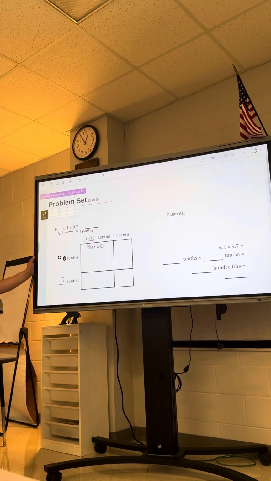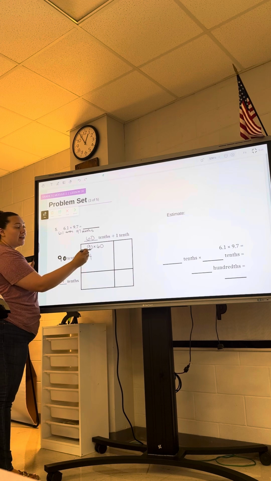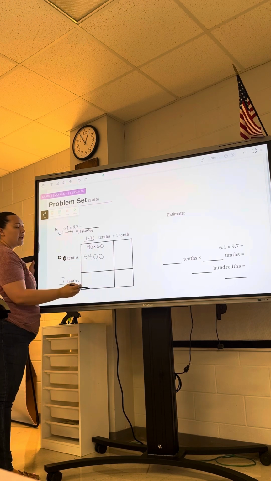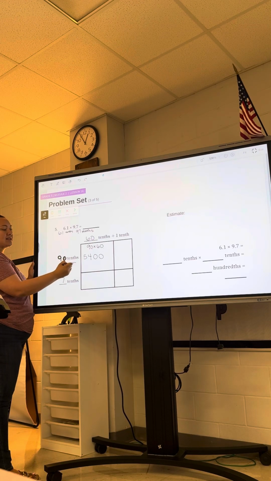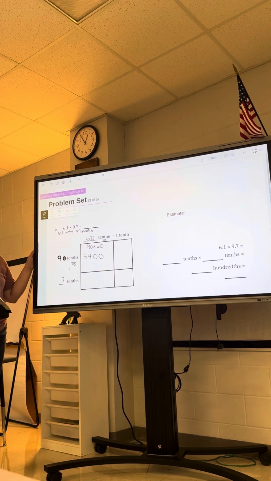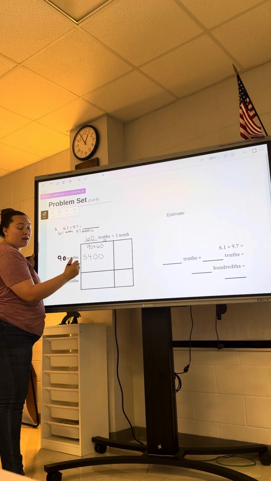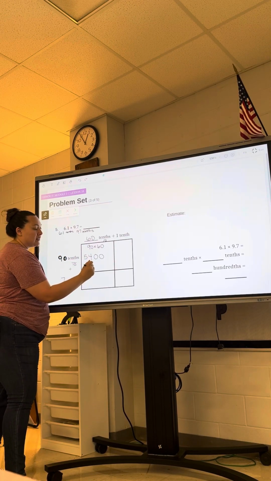Say it again. So you know 9 times 6 is 54. And how many zeros do you see? 1, 2. If I take tenths times tenths, what's going to be my denominator? 10 times 10 is, Esmeralda? 100. So my denominator will be 100, or the hundredths place.